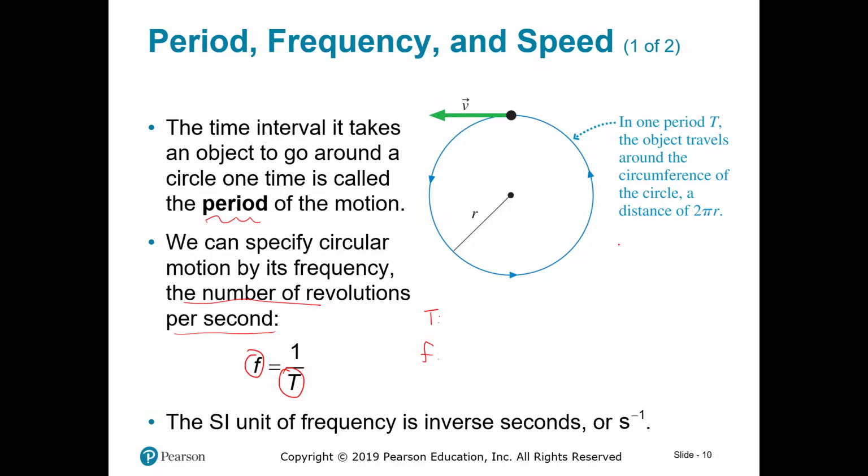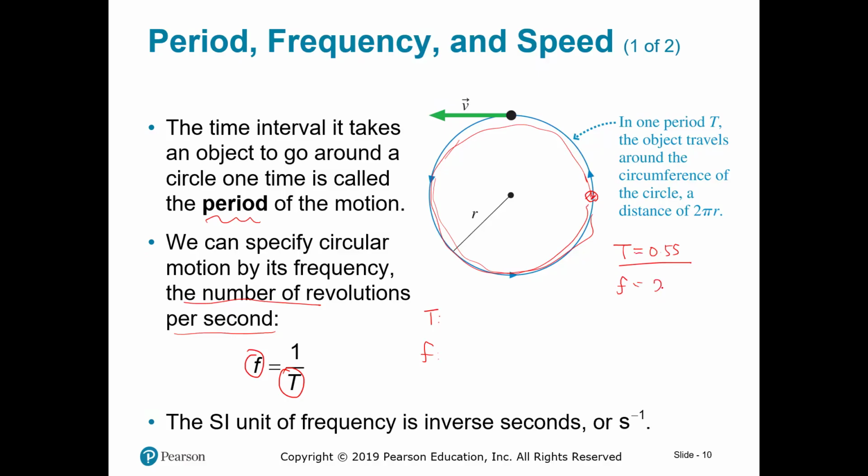So for example, let's say T is 0.5 second. That means if you assume the ball starts moving from here and then comes back here, it will take 0.5 second, right? So then your question is, what is your frequency? In other words, if you can complete one revolution in 0.5 seconds, how many cycles can you complete in 1 second?